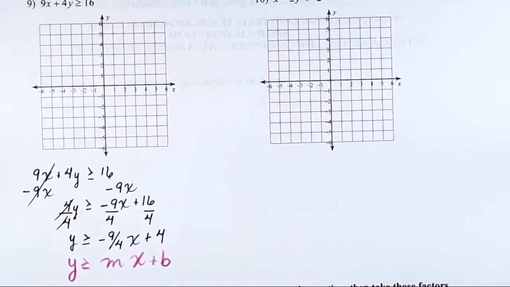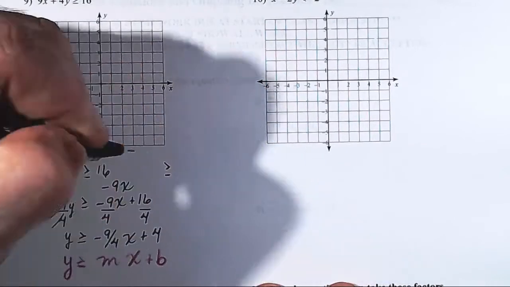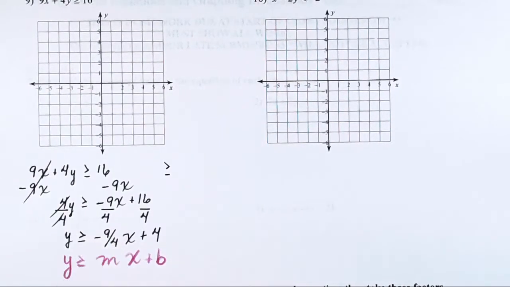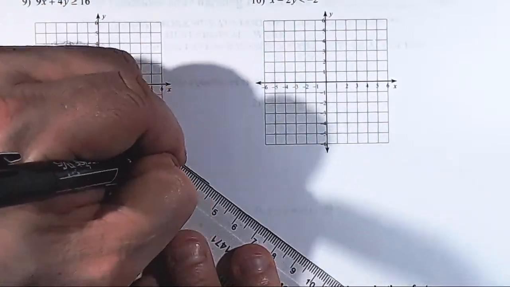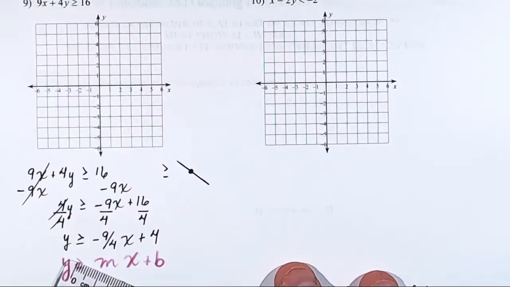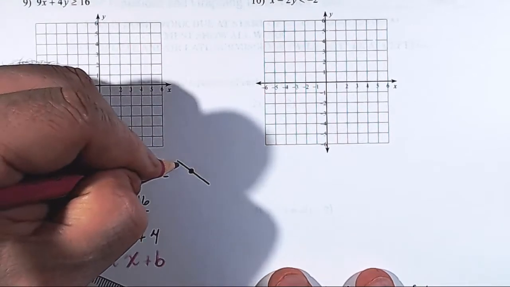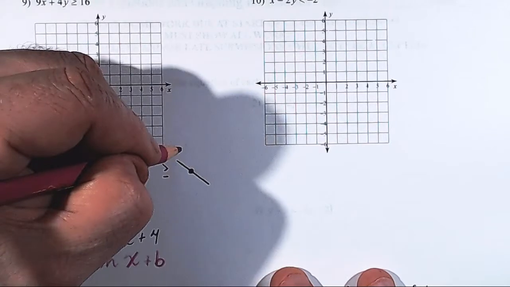We know this is a greater than or equal to symbol, and we have a negative slope, so I'm going to have a solid downward sloping line. If I draw dots, they'll be filled in, and I'm going to shade below the line or above the line? Above the line.